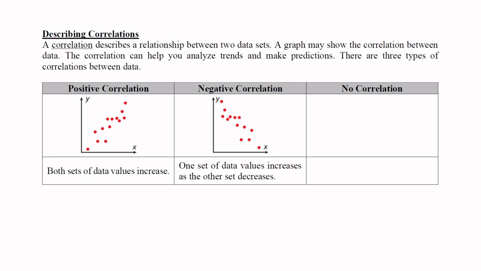So a line through this data would generally be decreasing from left to right. And finally, no correlation occurs when there is no relationship between the data sets. Looking at this graph, you can't really determine if the data is increasing or decreasing overall, so there's no correlation or no relationship between the data sets.